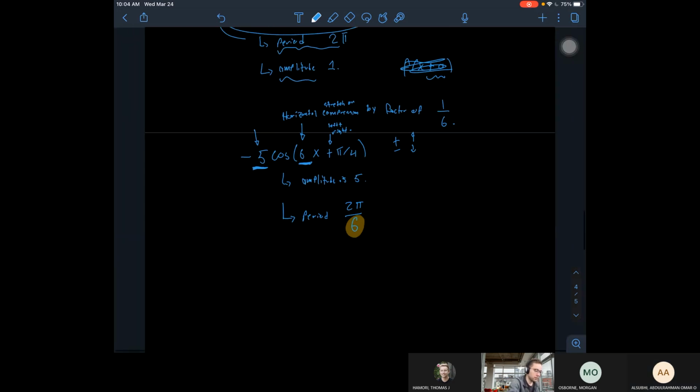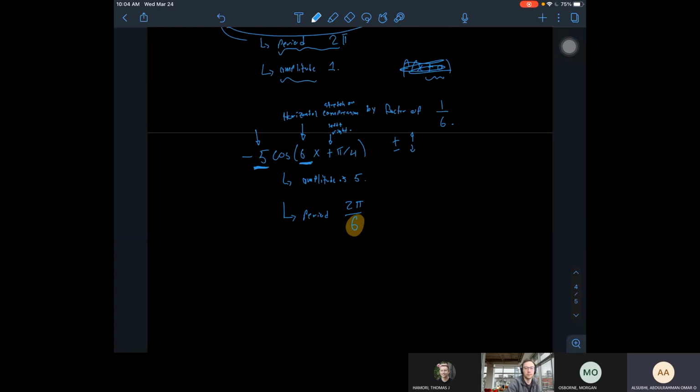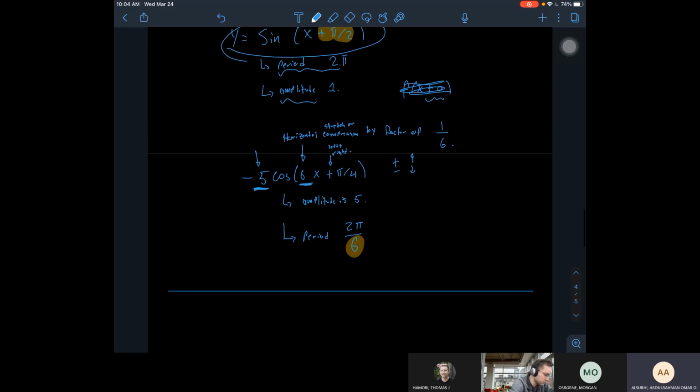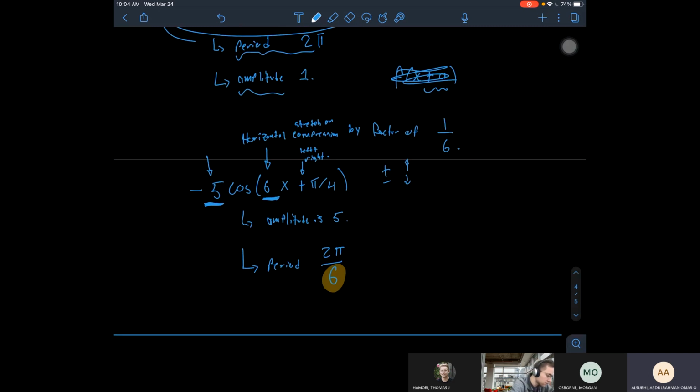So, yeah, go ahead. I don't want to go on to another topic further. I just wanted to finish up with this. If we have in this function -5 cosine 6x plus pi over 4, pi over 4 means the phase shift. Yes.